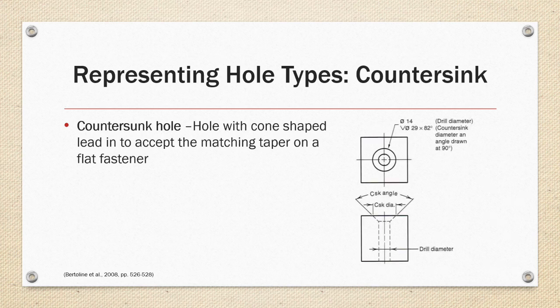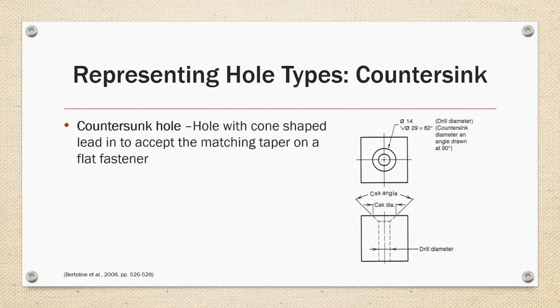In views normal to the hole, the diameter of the countersink will appear as a visible line circle that is larger than the related blind or through hole denoted in the view. Typically, the major diameter and the taper angle of the countersink will be called out with the specific V-shaped symbol in this view.